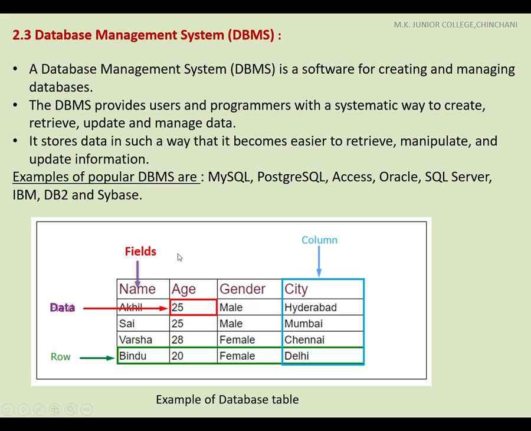Okay, so now look at over here, this is one of the tables of your database. Okay, database के अंदर बहुत सारे tables we can create under that. So this is one example of a database table. Okay, so यहाँ पे if I want to store the information about the student, maybe I will store information with the help of different fields.